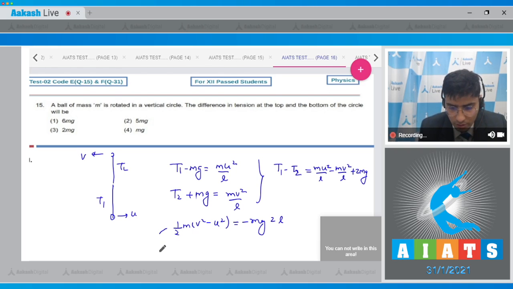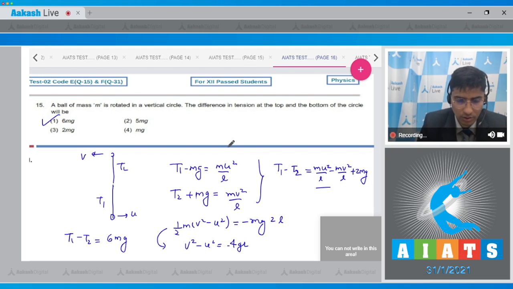Now, from this equation, we can write down that v square minus u square is equal to minus 4gL, and we can substitute this in the previous equation and get that T1 minus T2 is equal to 6 mg. And hence for this question, the correct answer is option 1. Now let us solve the question 16.